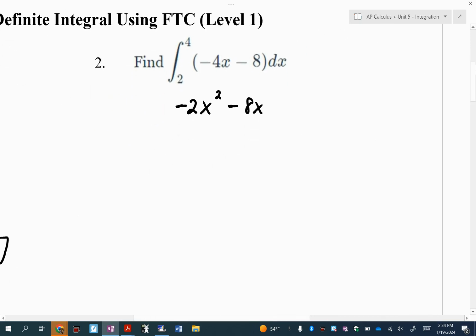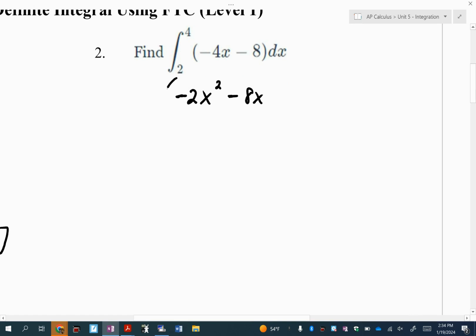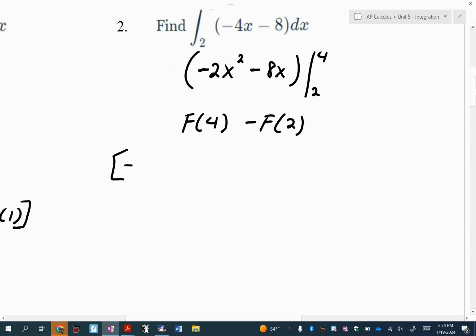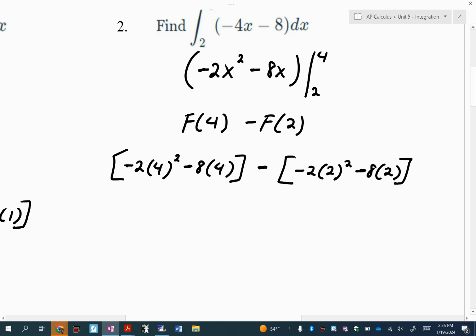So I'm choosing 0 for my plus c, putting my bar, and evaluating at 4 and at 2, and finding the difference between those. So I'm going to plug in first, negative 2 times 4 squared minus 8 times 4, minus negative 2 times 2 squared minus 8 times 2.